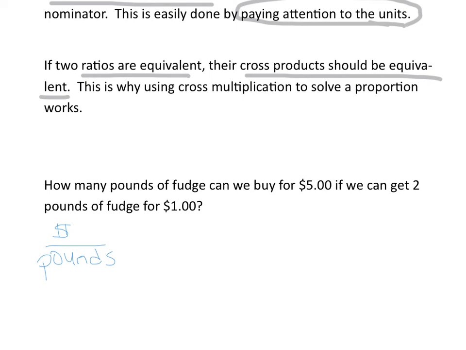We look at things and say, well, how many pounds of fudge? That's going to be a P because we want to know. Can we buy for $5? Well, that's the money, so that's got to go up top. If we can get 2 pounds of fudge for $1.